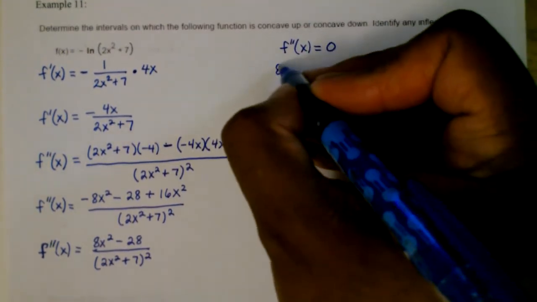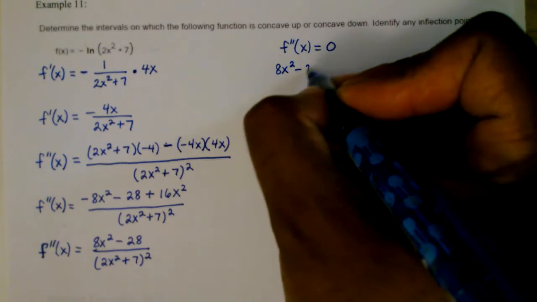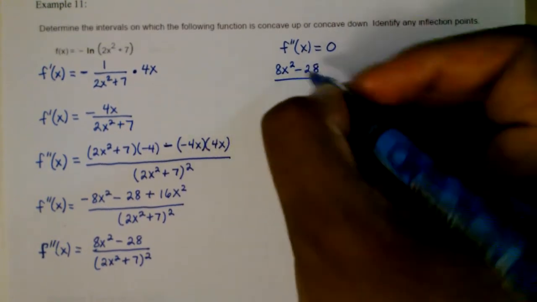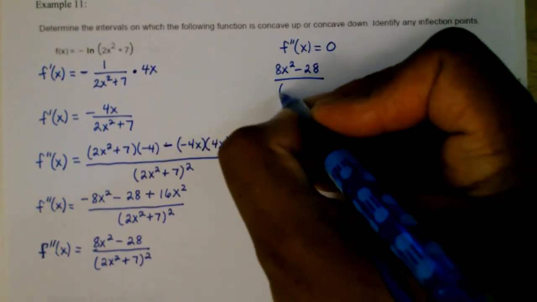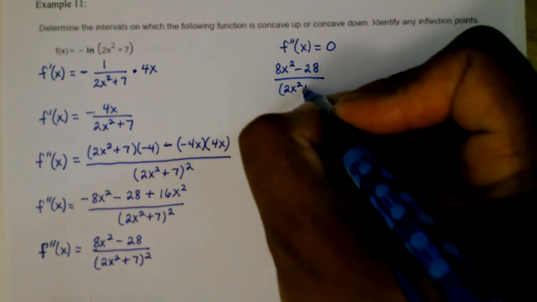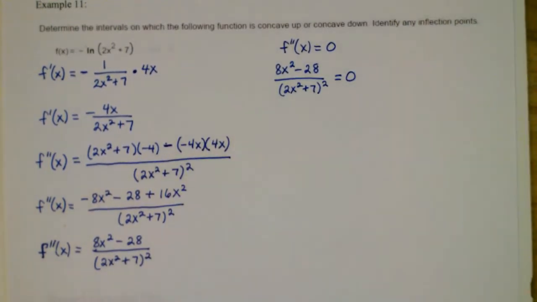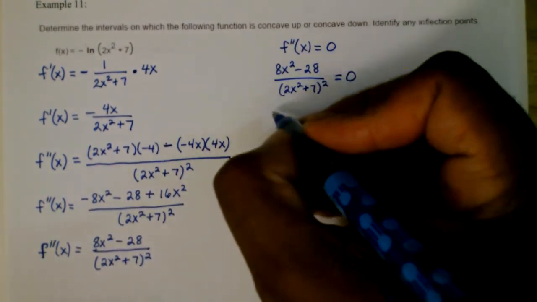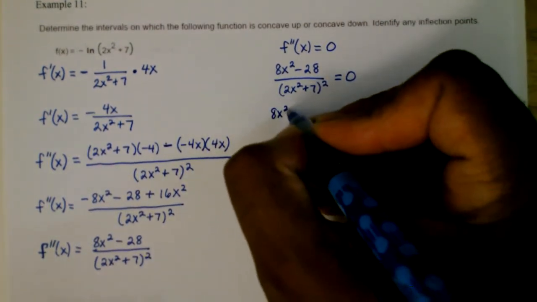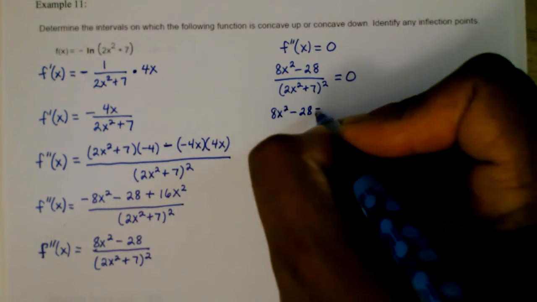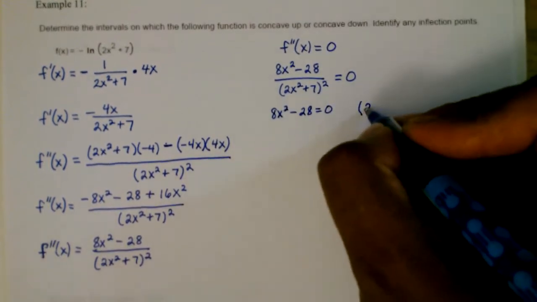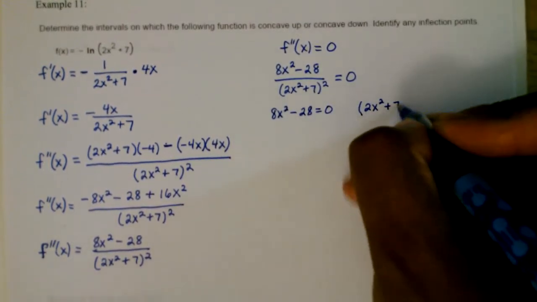And notice we got a rational function here: 8x squared minus 28 divided by the quantity 2x squared plus 7 quantity squared, set equal to 0. So with a rational function, we set the numerator equal to 0 and the denominator equal to 0.